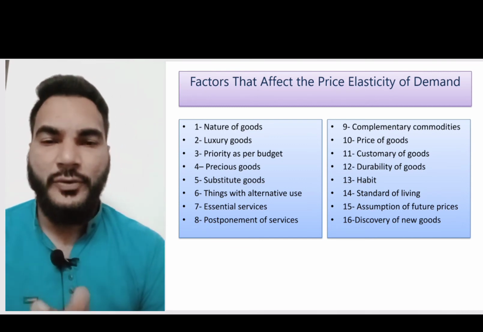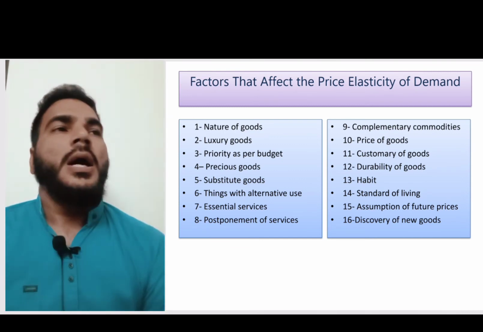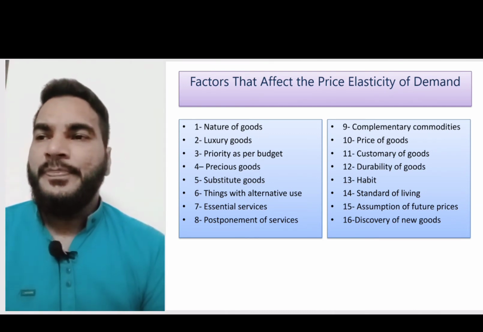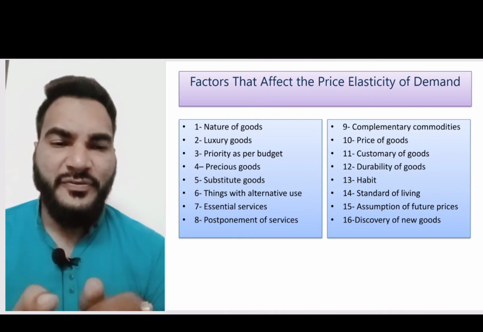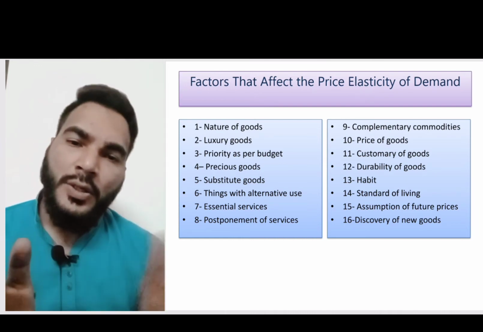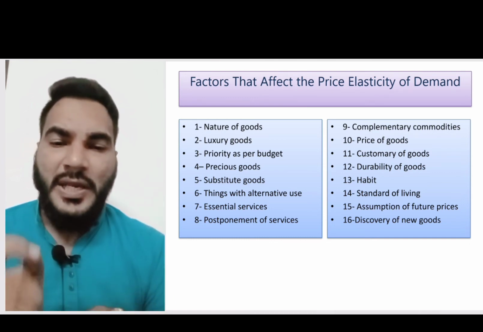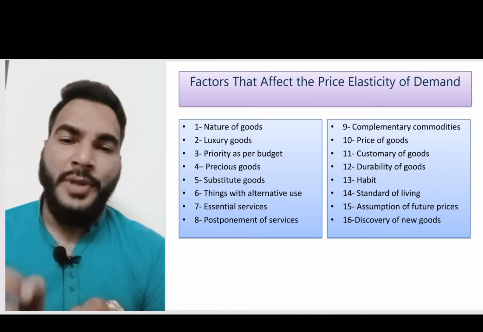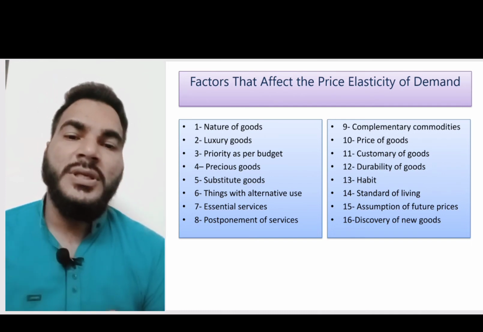Then discovery of new goods. How does discovery of new goods play an important role? Let's take an example. In the past we had basic keypad mobile phones. Now we have smartphones. Now the technology has changed. So many people would not prefer the old basic phone because the technology is different.